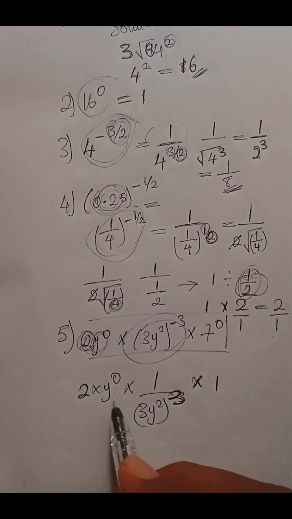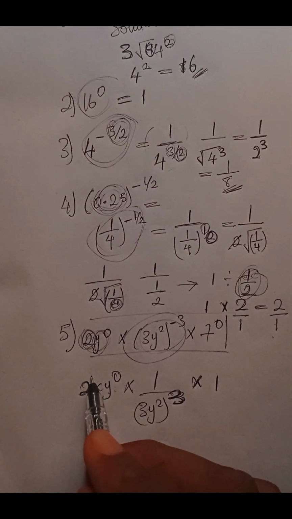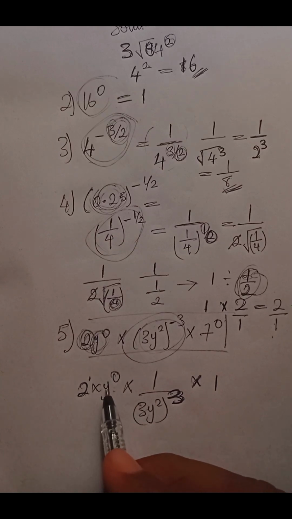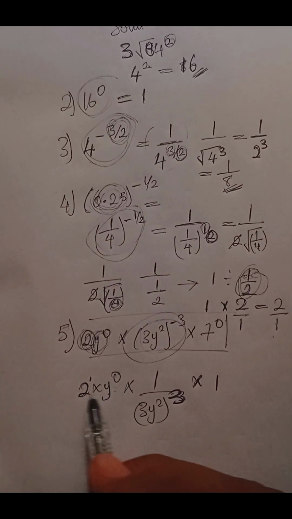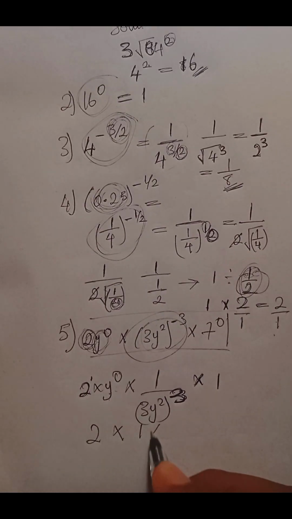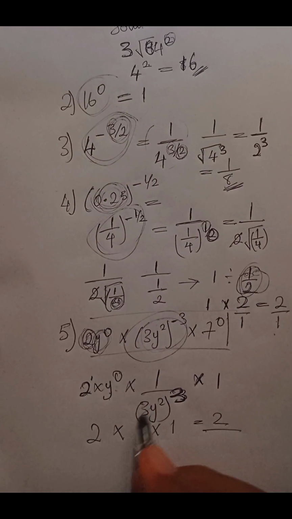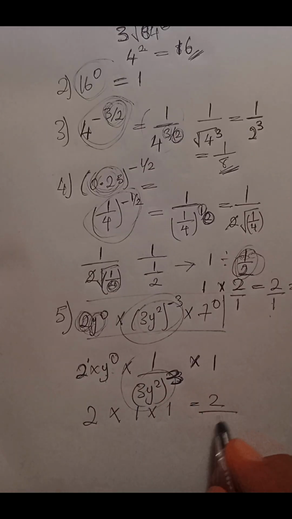Now 2 multiplied by y raised to the power of 0. 2 raised to the power, this having an invisible 1, will give us 2. Y raised to the power of 0 is 1. So 2 multiplied by 1 multiplied by 1 will give us 2.